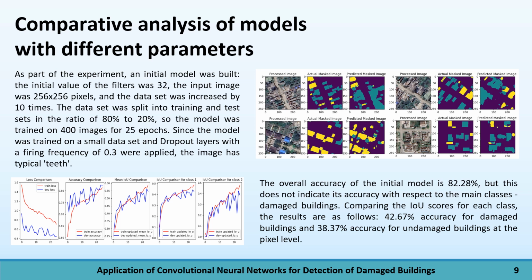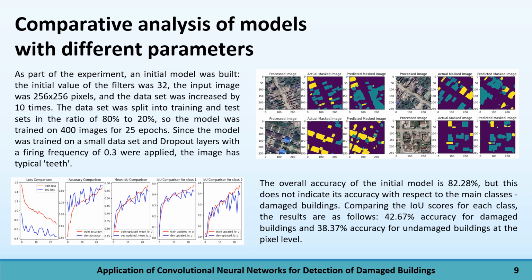So the model was trained on a total of 400 images for 25 epochs. On the slide you can see some of the results of the model in the figure on the right. Since the model was trained on a small dataset and dropout layers were applied, the image has typical teeth.